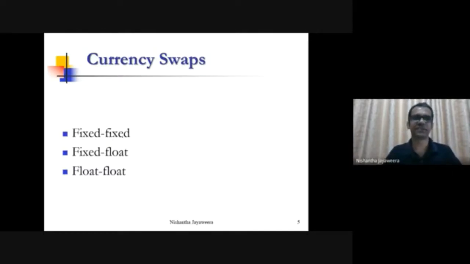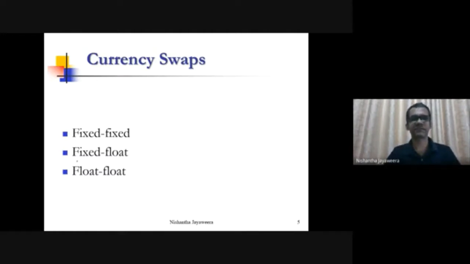Dollar interest rate is different from euro interest rate, or from sterling pound interest rate or rupee interest rate. Depending on the pair involved, two different interest rates will be fixed. Then it will remain there throughout the life of the transaction.